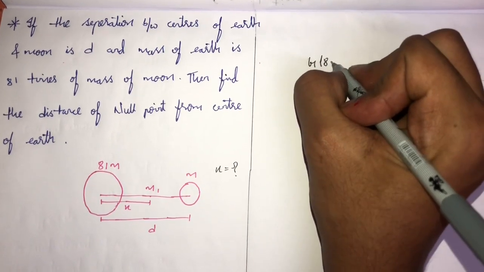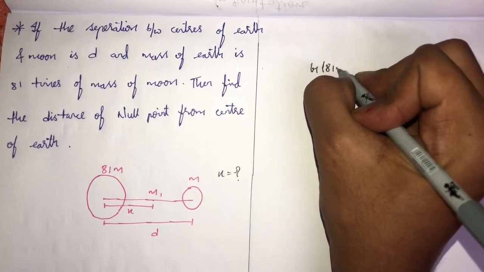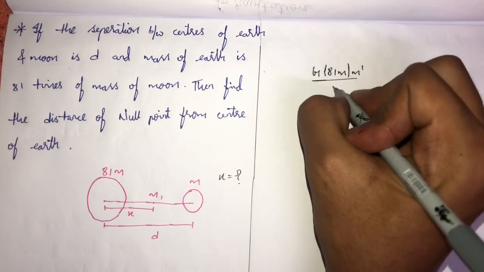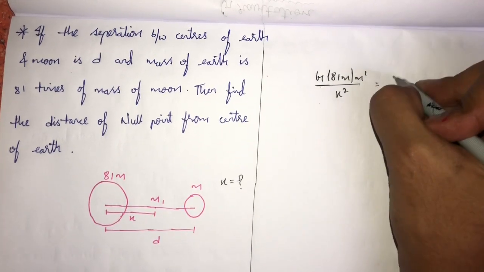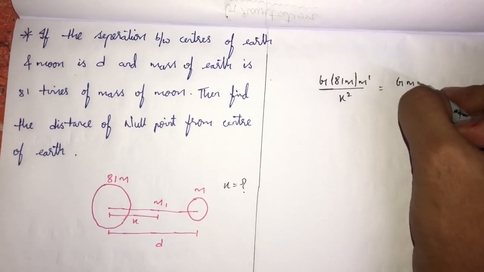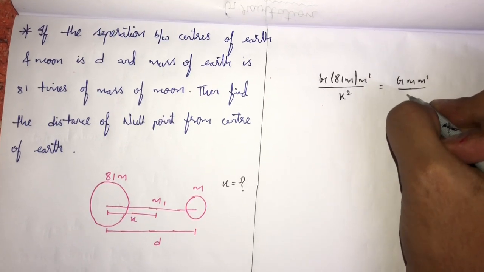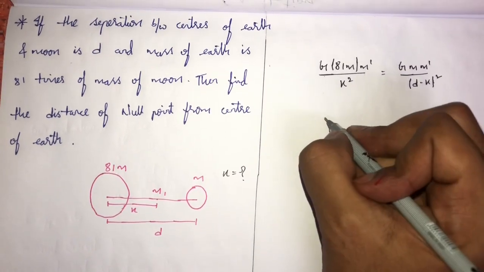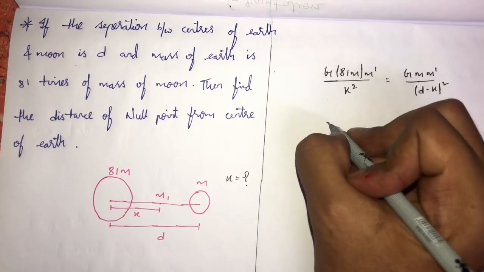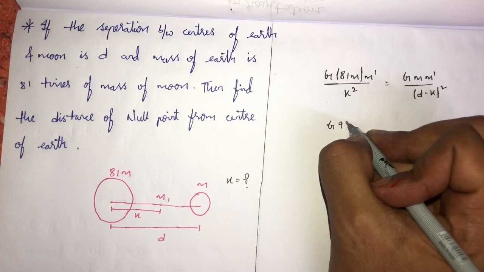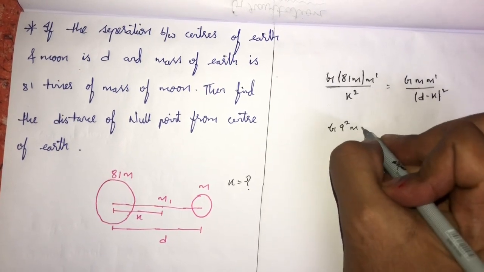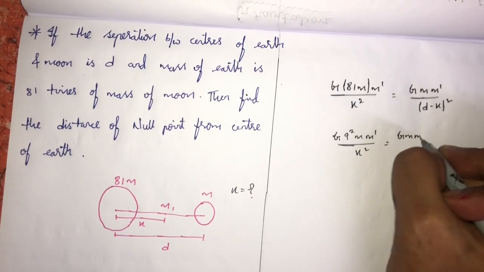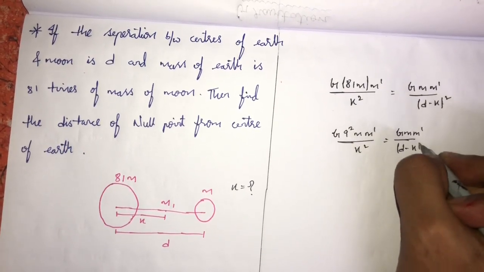Then here the gravitational force of the earth will be equal to G times 81 times the mass of the moon m dash by x square is equal to G m dash by d minus x whole square.